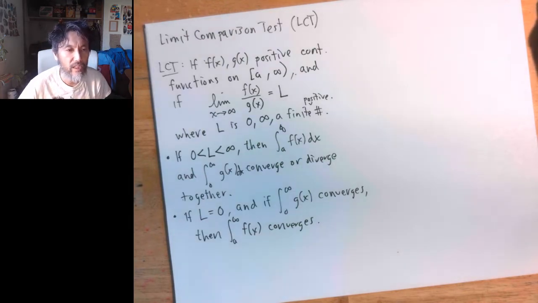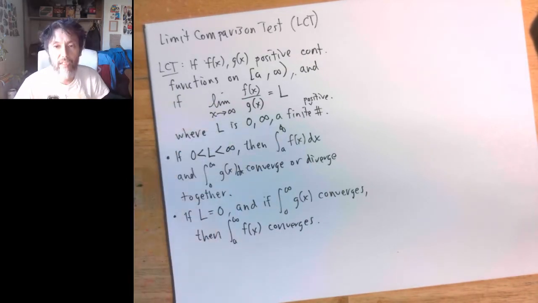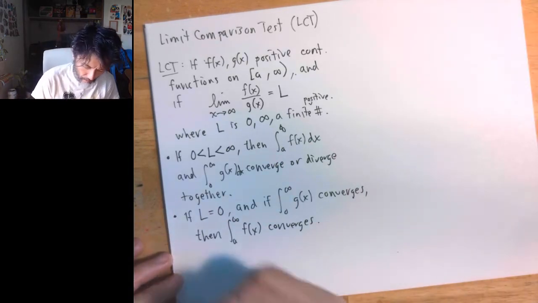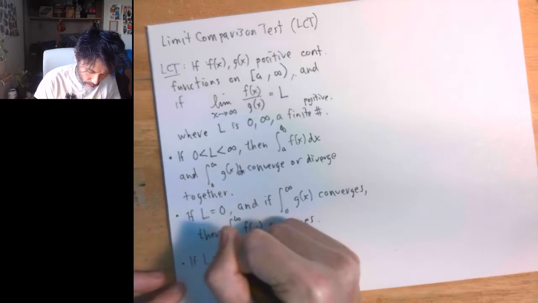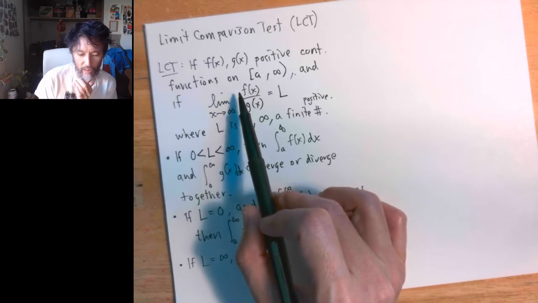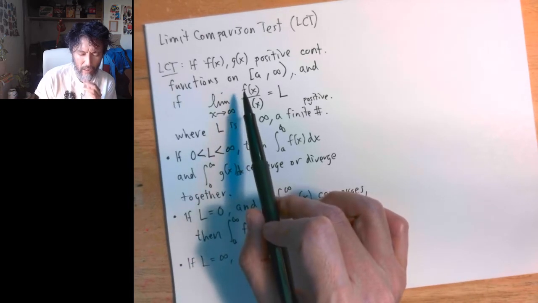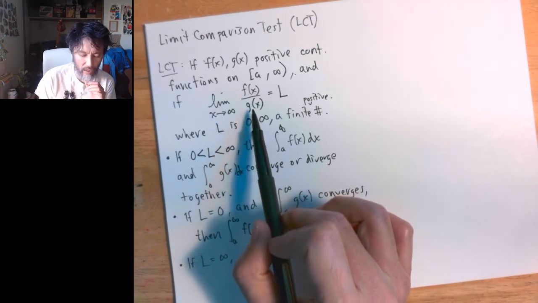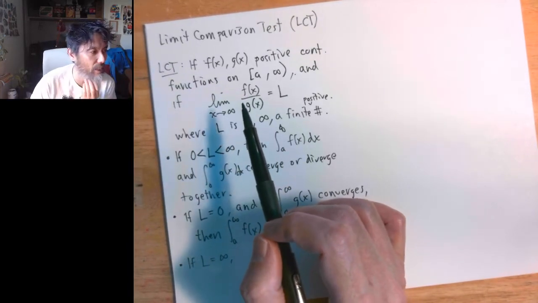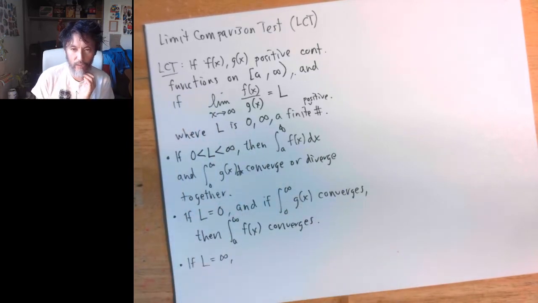So the remaining case that we need to cover is when L is infinity. If L is equal to infinity, this is the situation where f of x is going to 0 faster than g of x is, it's just getting swamped. I'm just sort of running through the heuristics in my head, so maybe don't listen to the things that I'm saying if they don't make sense to you, but rather listen to what I write.